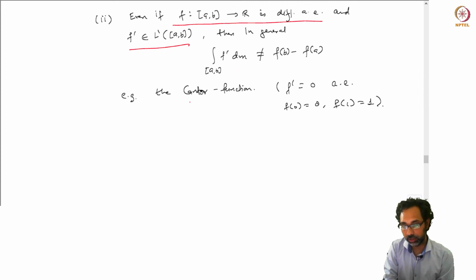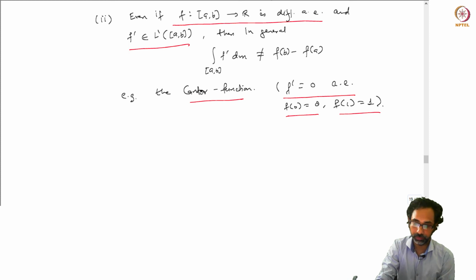So a counterexample is given by the Cantor function defined using the Cantor set, and for this function the derivative is 0 almost everywhere because it's constant almost everywhere. So the derivative is 0 almost everywhere, but f(0) is 0 and f(1) is 1. So the left hand side is 0 but the right hand side is 1.